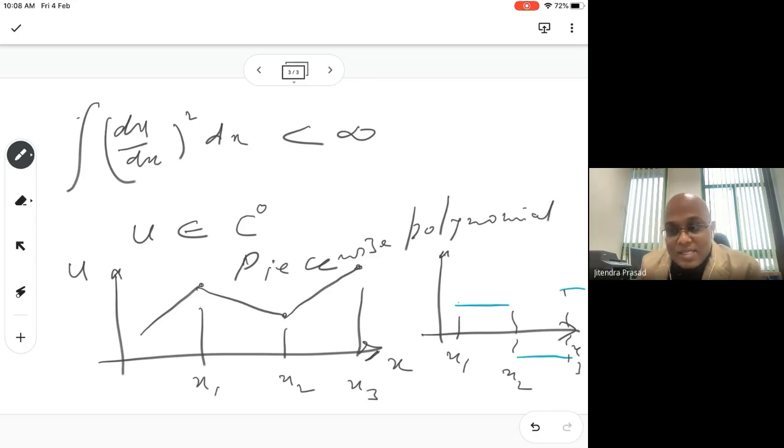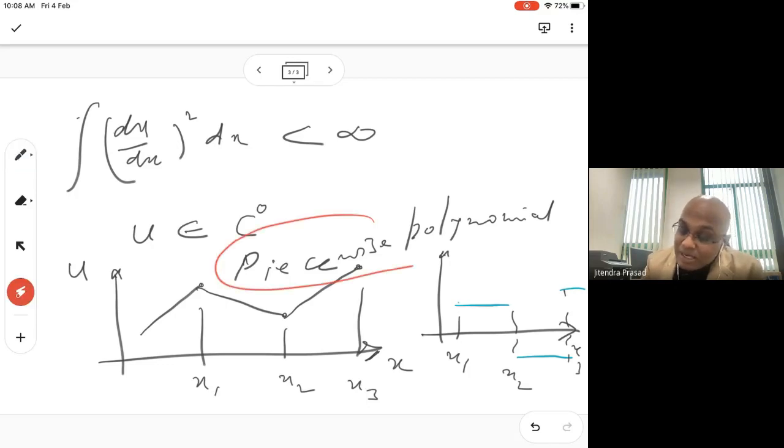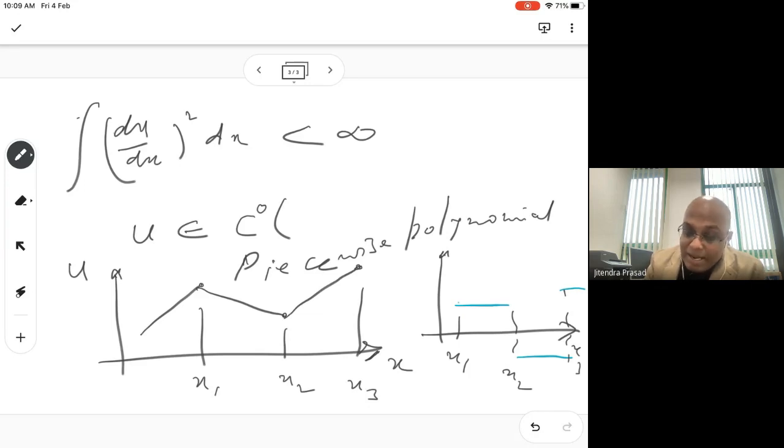A piecewise polynomial is also a possibility, because a polynomial between two values will be a smooth curve. If it's a line, this becomes C0. This C0 really tells you that we are talking about continuity. In C0, if you differentiate it, you get a discontinuous line.